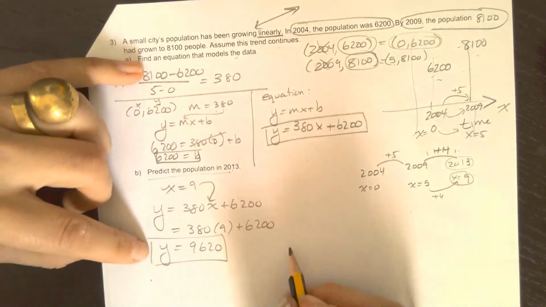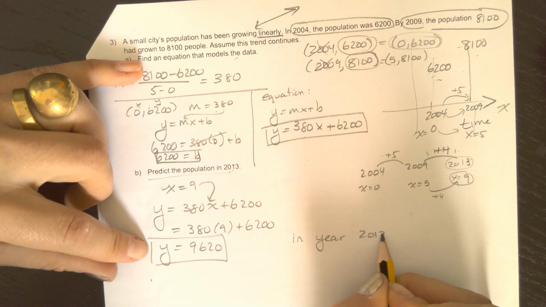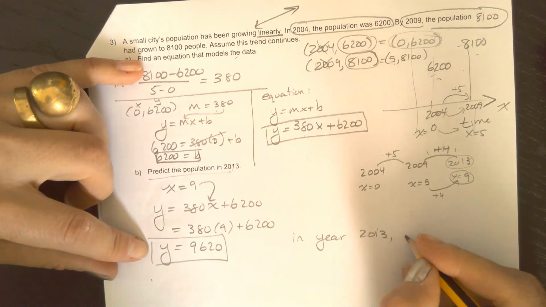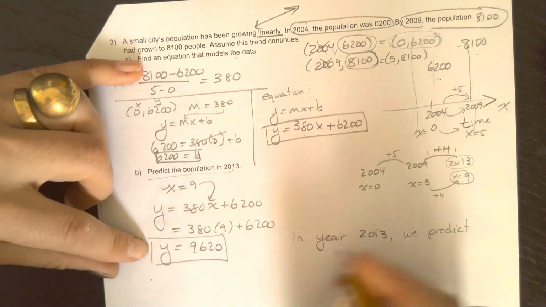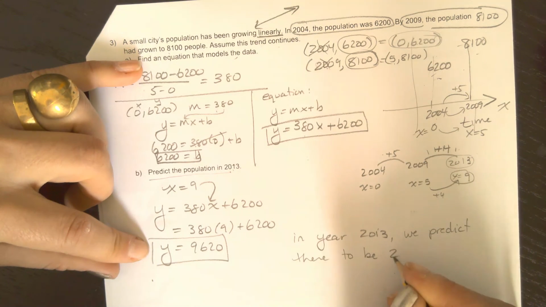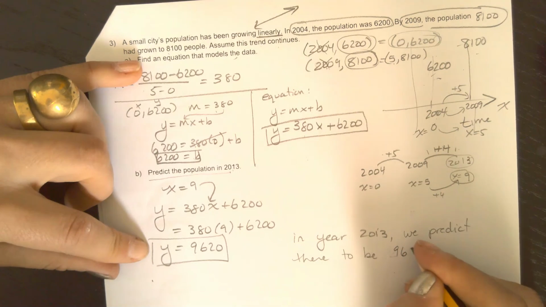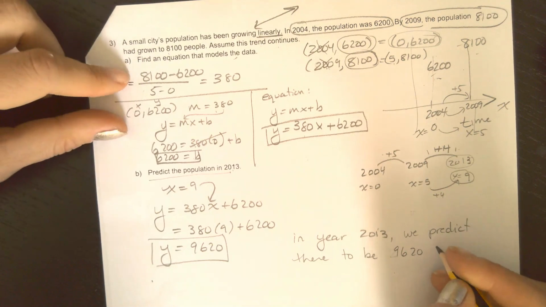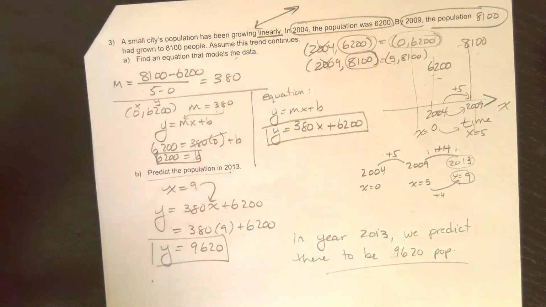So this means in the year 2013, we predict there to be 9,620 people in the town. So that's the population. Okay, it's a prediction. It's not going to be exact. It's going to be approximate.